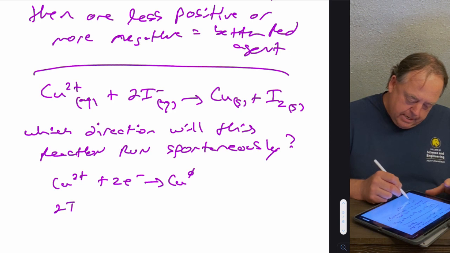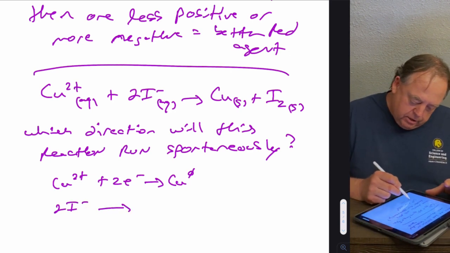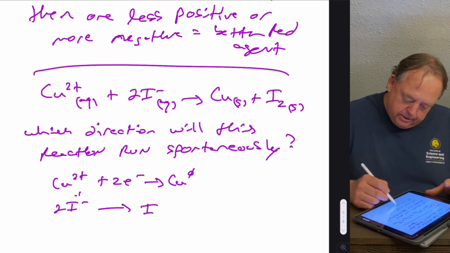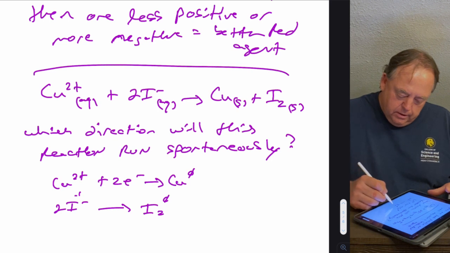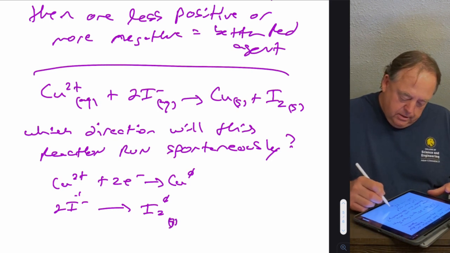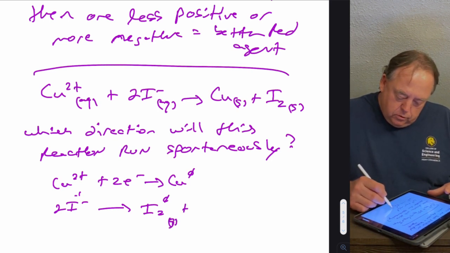And then 2I minus. The oxidation number here is -1, and it goes to I2. That's pure iodine, so that would be an oxidation number of 0, its elemental state. So that would have to lose 2 electrons.